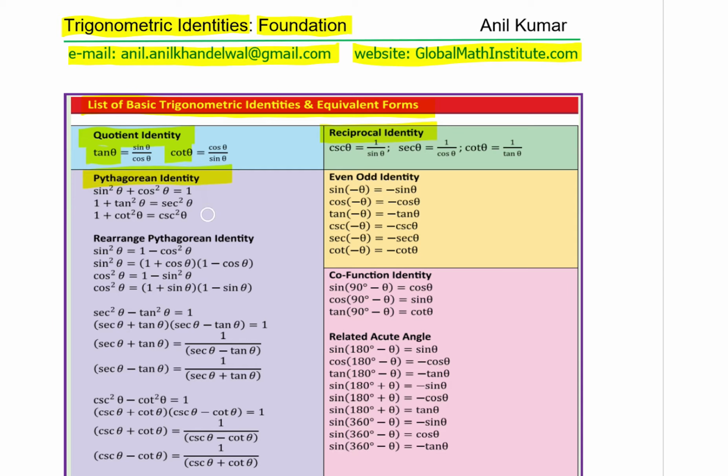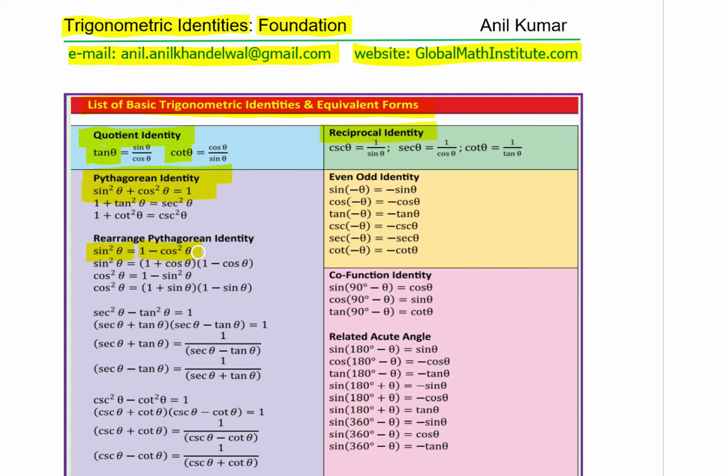We'll prove these identities using a very simple method. Now, these identities can be rearranged. Many times, to prove an identity, we should be writing most of the trigonometric ratios in terms of sine and cosine. In that case, sine square theta plus cos square theta equals 1 becomes your primary Pythagorean identity. Now, this can be rearranged. You could write sine square theta as 1 minus cos square theta.